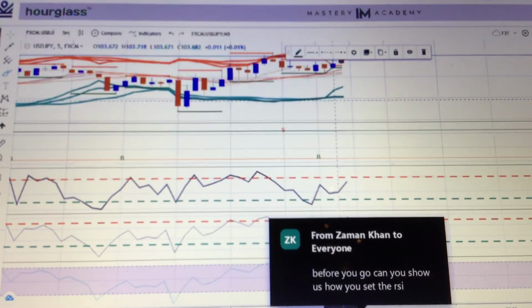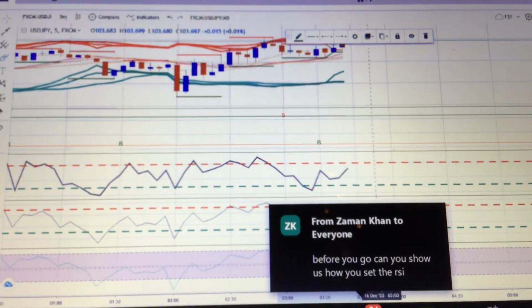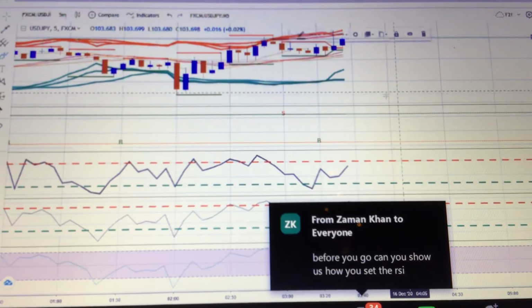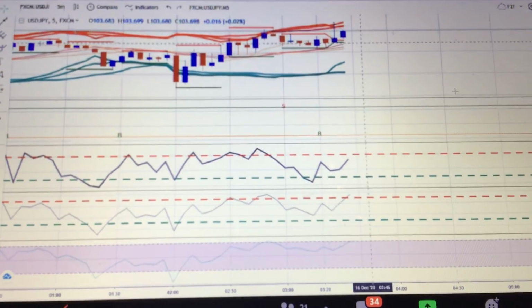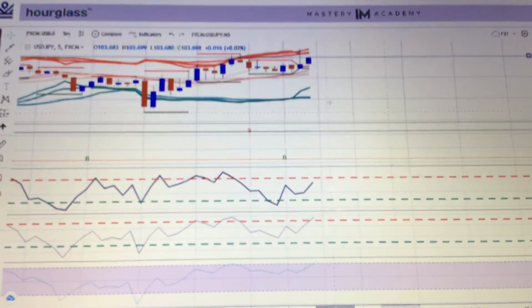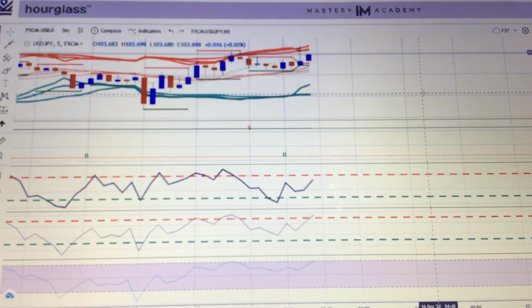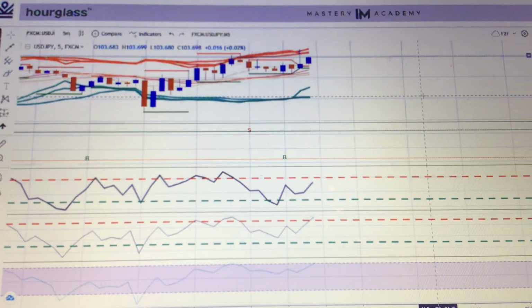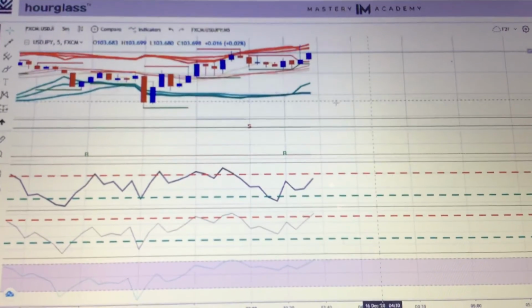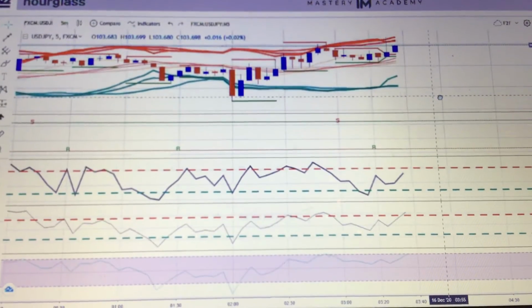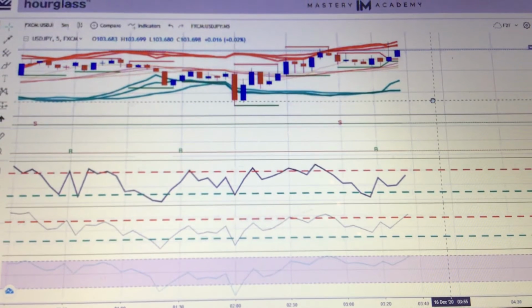It hasn't passed the 60 yet, which is okay, but I would still wait for that up arrow, and I would still wait for the candles to start going my way when the strength is stronger than the other pair. Okay, USD is stronger than JPY. All right, so with that being said, this is how I use it.